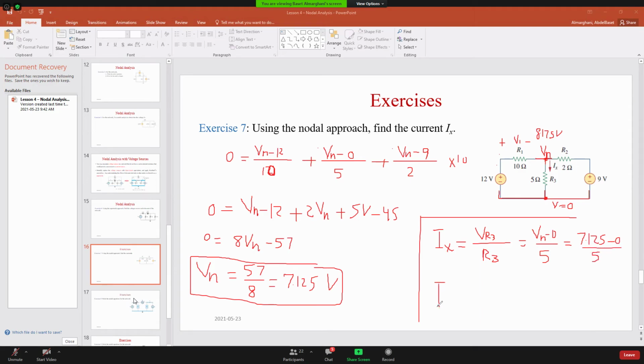And that gives me Ix equals 1.412. Is that 12 divided by, is it 2.5? I think it might be 2.5. Yes. There.